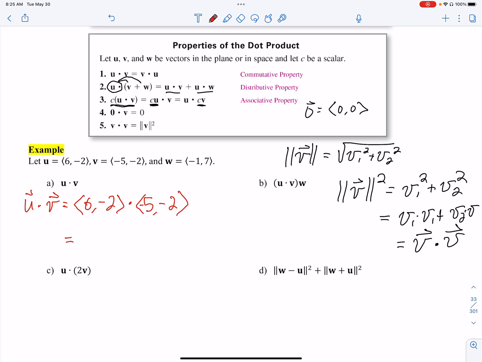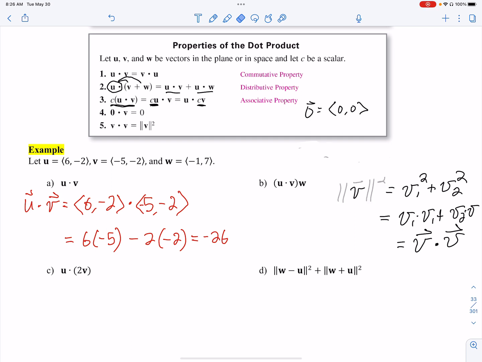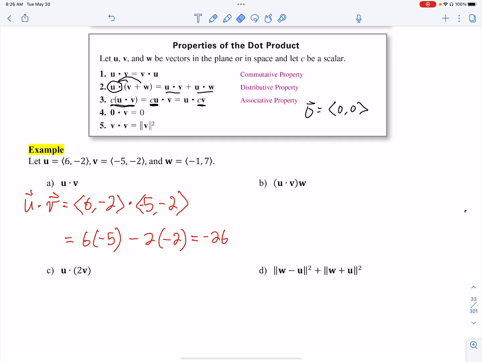Sometimes this product is called the scalar product, and the reason is because our answer is a scalar. So we get 6 times negative 5 plus negative 2 times negative 2. That's negative 30 plus 4, so negative 26. Okay, so that is my dot product there. We're not going to give it any meaning, just the operation.